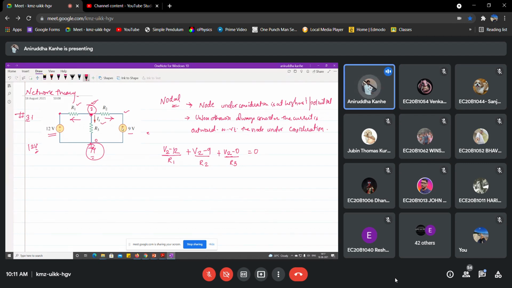And what is Ix? Ix is V2 by R3. Now if I provide you R1, R2 and R3 values, I hope one can easily find out the voltage across it. Is that okay?